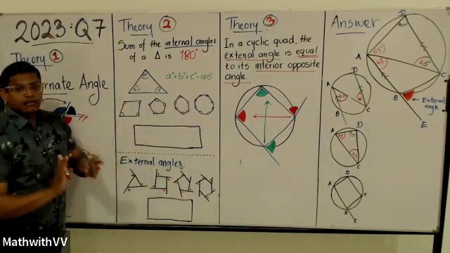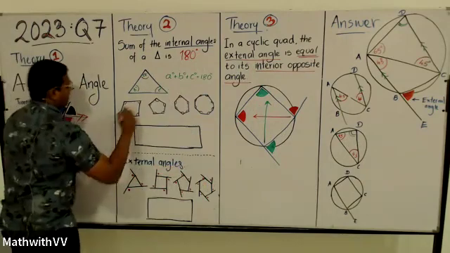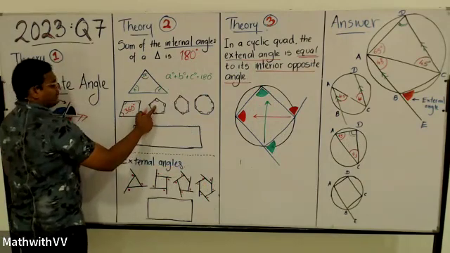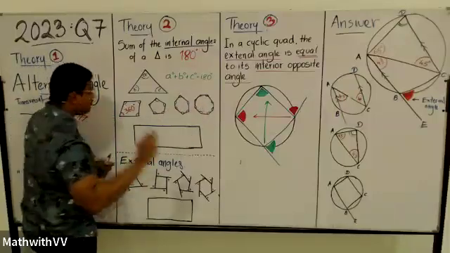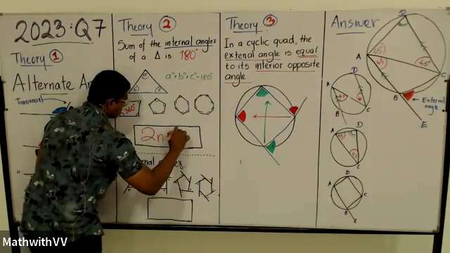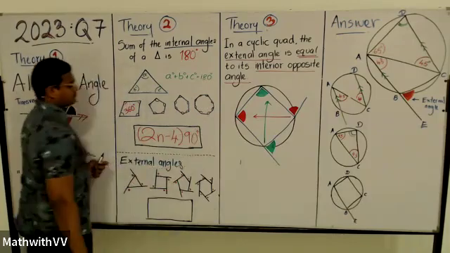For a triangle the internal angles sum to 180, for a quadrilateral 360. What about a pentagon, hexagon, octagon? We use a formula: (2n minus 4) multiplied by 90 degrees.